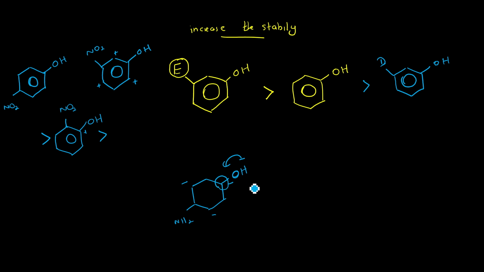So in this case, you have this one which is much more unstable, so it has lower acidity compared to the meta position. You can see in this position, relatively this position lacks electron density. Relatively this is neutral, yes, this is not positive, but it doesn't contain any negative charge, right?